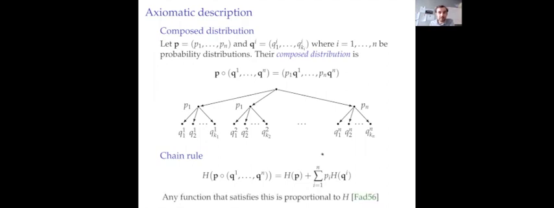It has been known for a long time that any function that satisfies this chain rule is proportional to the entropy. All right, and this is nice because here there's no logarithms, no nothing. It's just basically addition and multiplication. And this allows us to generalize this notion of entropy.